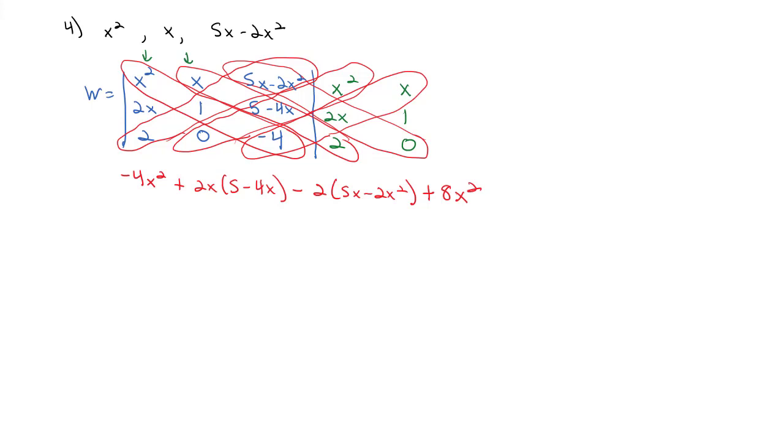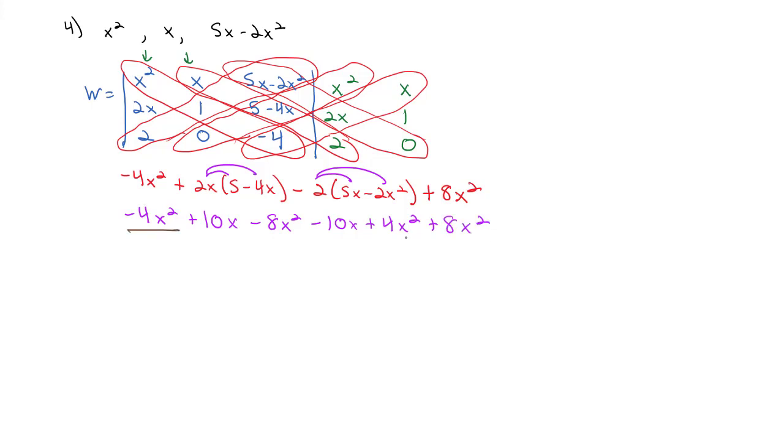Let's simplify this expression and see what we have. Distributing through the parentheses, we get negative 4x squared plus 10x minus 8x squared minus 10x plus 4x squared plus 8x squared.